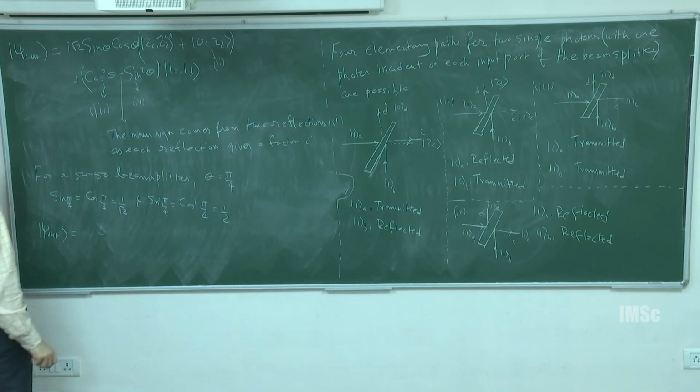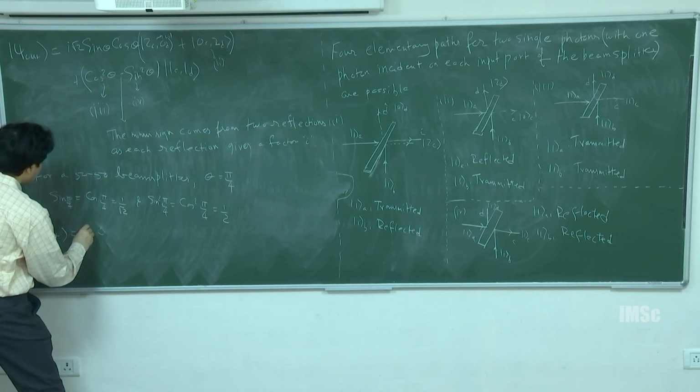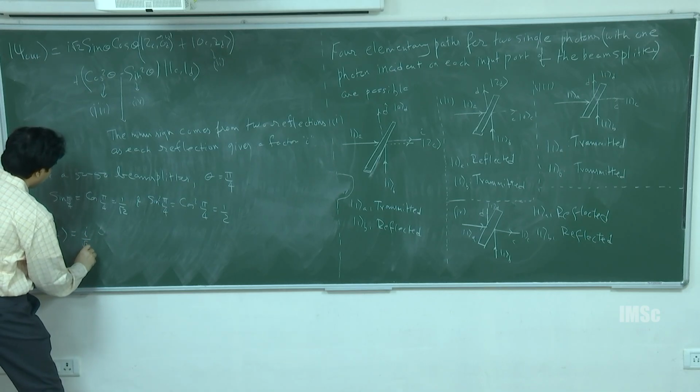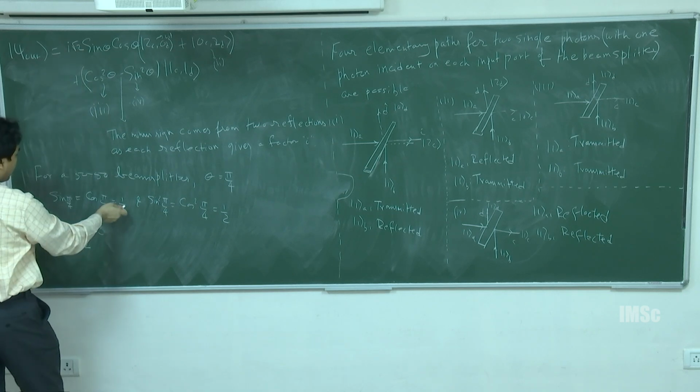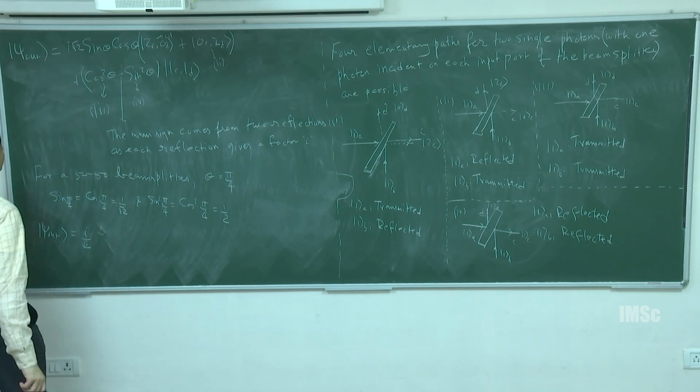So I'm left with sin theta is 1 over root 2, cos pi by 4 is 1 over root 2. So you get I over root 2, because this root 2 will cancel one of them in the denominator.